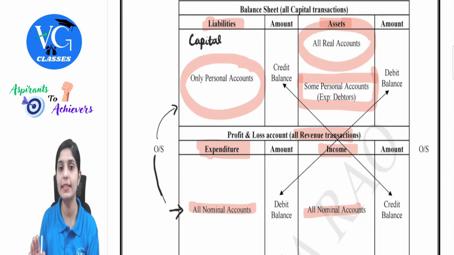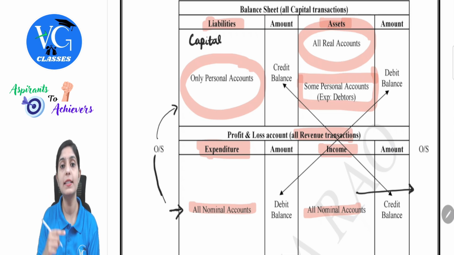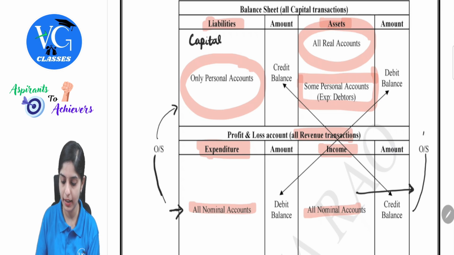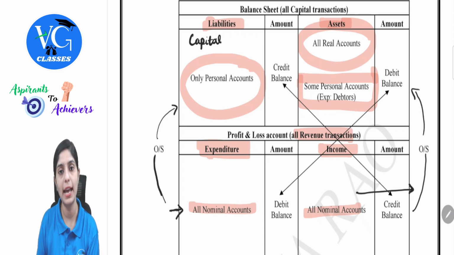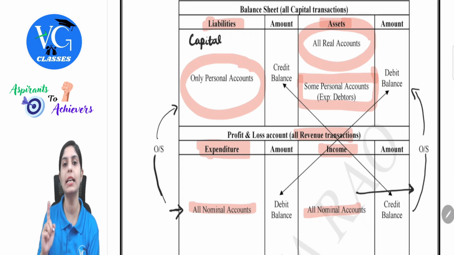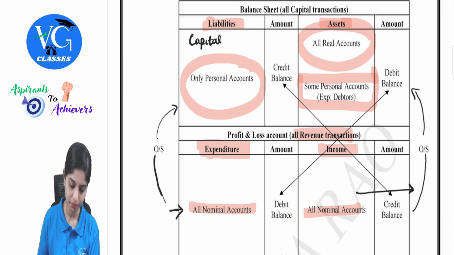It is still not received in the current year. So in this case, you will first record it because it belongs to the current year. Since it is outstanding, that is accrued, it is receivable in nature, and it also finds its place on the asset side in the balance sheet. I hope you understood this entire structure, how the placements will happen.